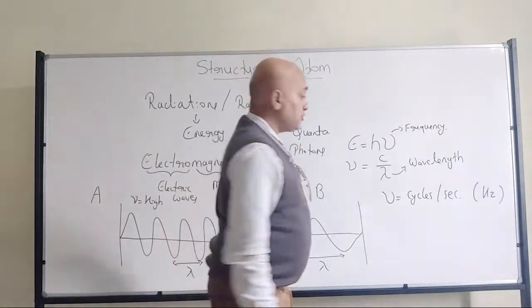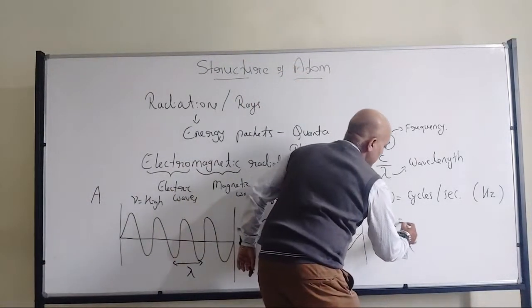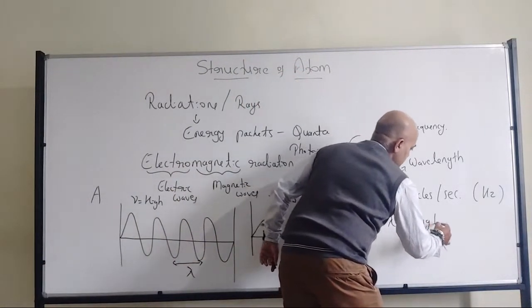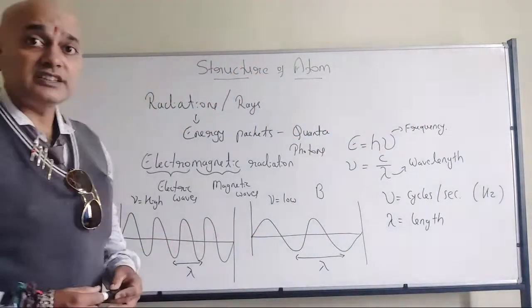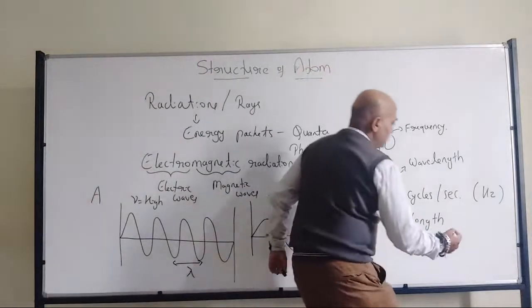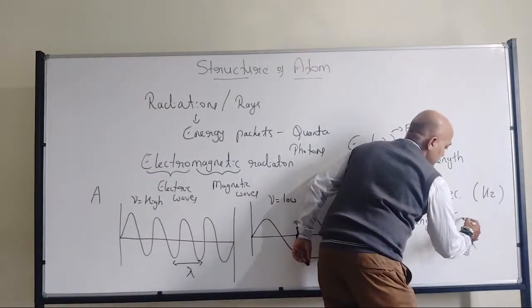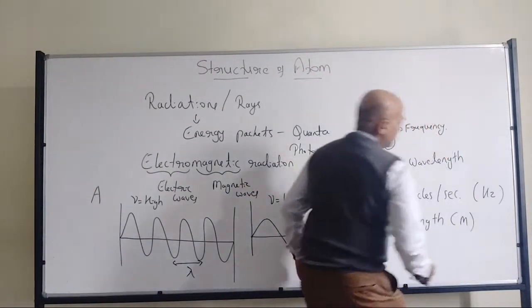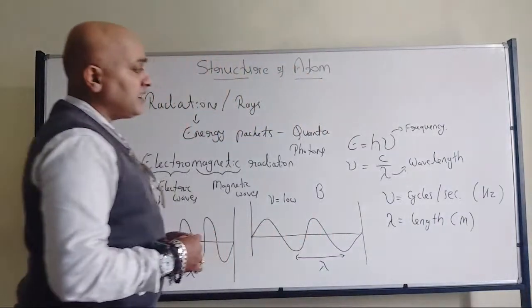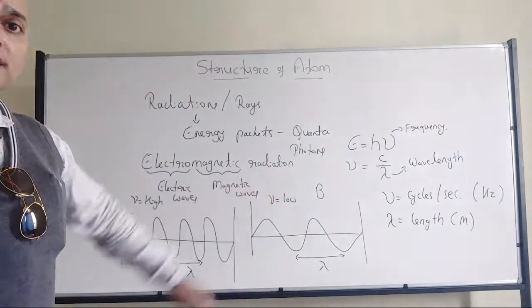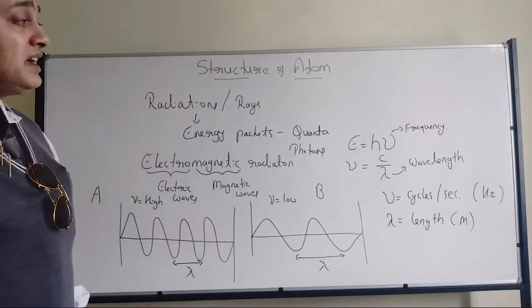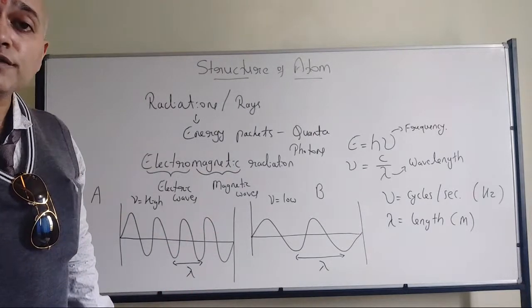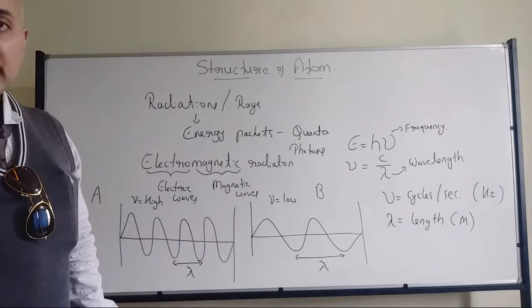But wavelength is the length or distance between crests or troughs. So naturally the SI unit, since I am talking about distance or length, should be meter or nanometer, which are derivatives of meter, right? Yes, Rohan. That's where we have different units for frequency and wavelength.